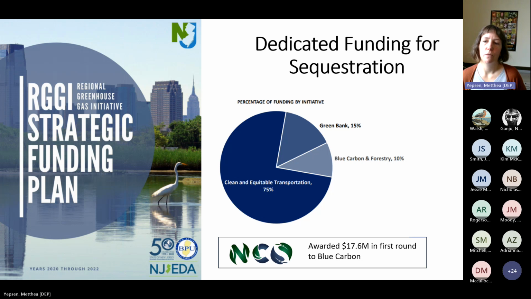And then the estimates were presented to the public to help increase the transparency of the benefits of spending this funding. The first round of the grant program funded $17.6 million in blue carbon projects, and those 5 projects were estimated to sequester 23,000 metric tons of CO2 equivalent by 2050.